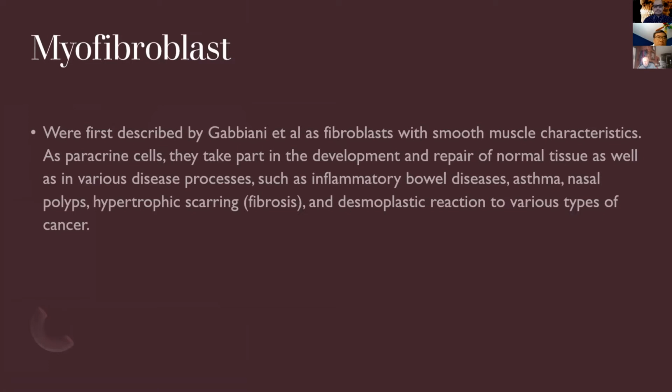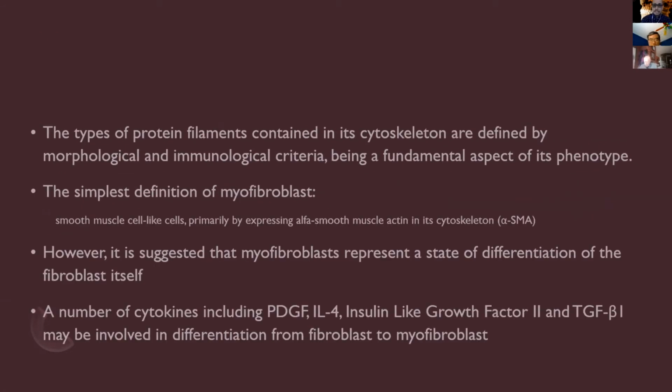These cells can take part in the development of repair and normal tissue, as well as in various disease processes, such as inflammatory bowel diseases, asthma, and others. The filaments contained in its cytoskeleton are defined by morphological and immunological criteria, being fundamental aspects of its phenotype.